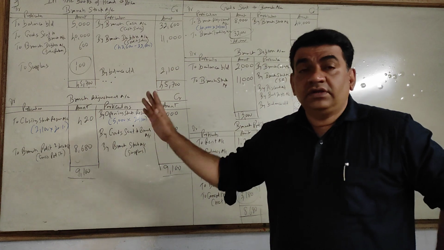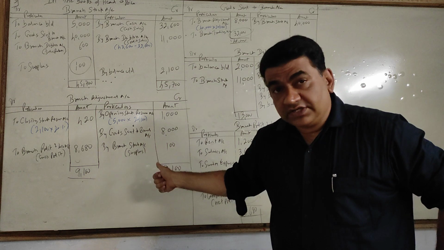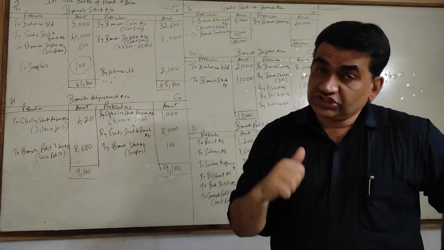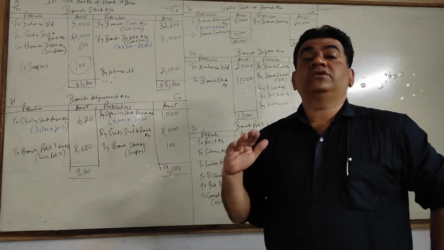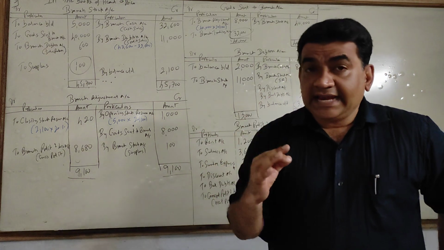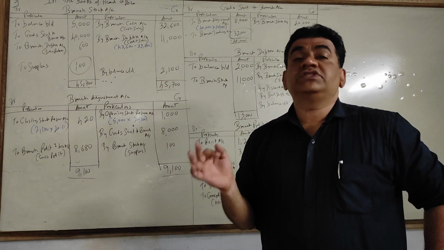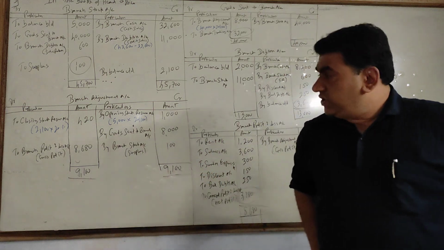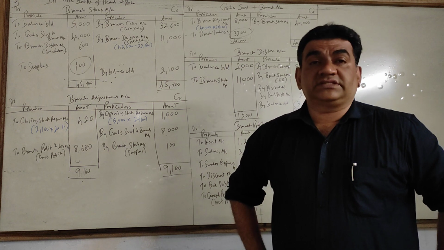What will it include? Profit included in opening stock, that's your opening stock reserve. Profit included in closing stock, that's your closing stock reserve. Profit included in goods sent to branch and goods returned from branch. Again repeating, don't make the mistake of removing profit which is included in sales, because if you do that, there is no point in doing the business.